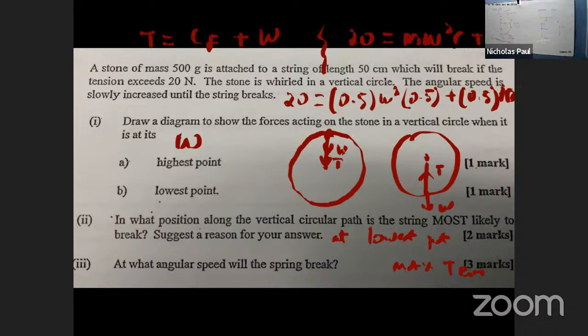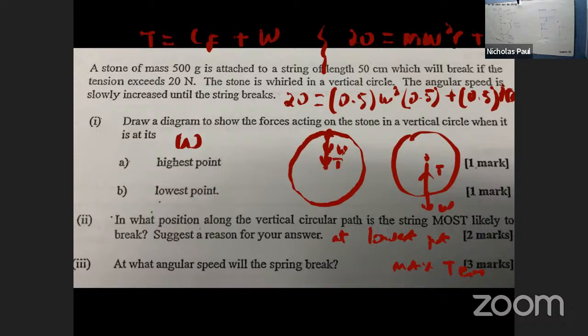Alright, any answers? What I got for omega is 7.7. From here, the square root. So I have 20 minus 5, which is 15. 15 divided by a quarter, 15 multiplied by 4, which is 60. So I have the square root of 60 as the answer, 7 point something.